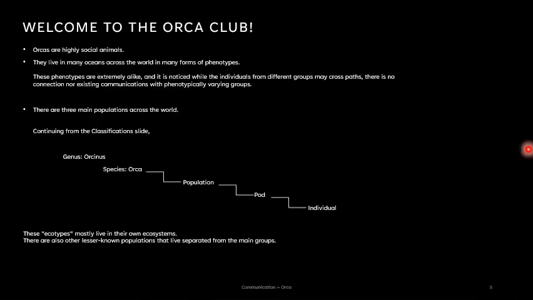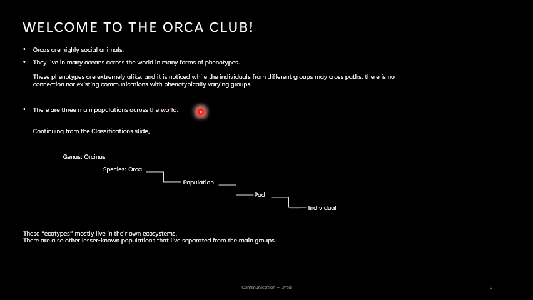So when we move to the next slide, we can see a few more facts about orcas. They are highly social animals. We're going to ignore the phenotypes and ecotypes for the moment, and move on to the populations of orcas we can find around the world.